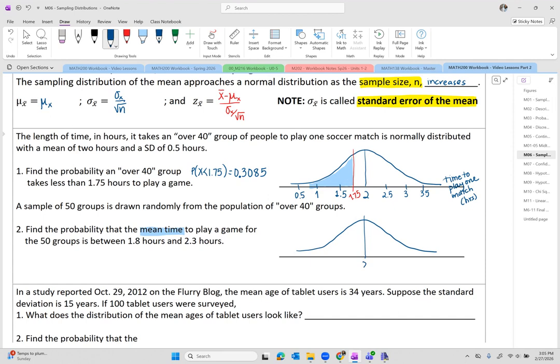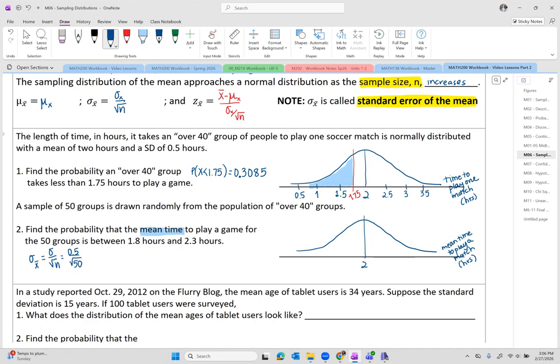So it does have the same mean of 2 hours, so this will be the mean time to play a match, and it is the mean of a sample of 50 teams, and that will be in hours. So now the standard deviation is the standard error, because this is a different distribution. And the standard error is the original standard deviation divided by the square root of n. So 0.5 divided by the square root of 50.